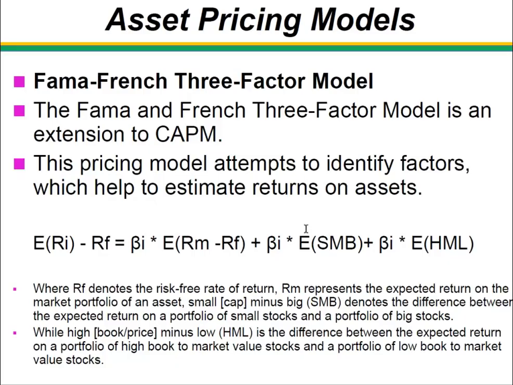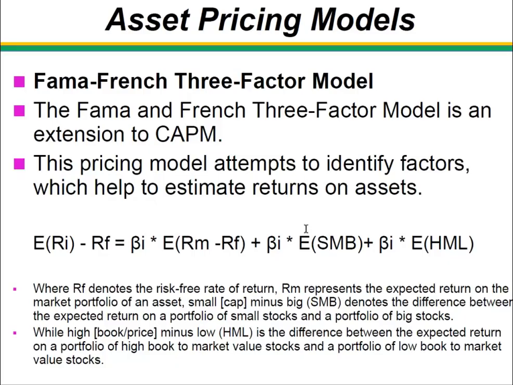R_m is the expected return on the market portfolio. SMB is small minus big. That's what it stands for. It represents the difference between the expected return on a portfolio of small stocks and a portfolio of big stocks. And HML is high minus low, which represents the difference between the expected return on a portfolio of high book-to-market value and a portfolio of low book-to-market value.